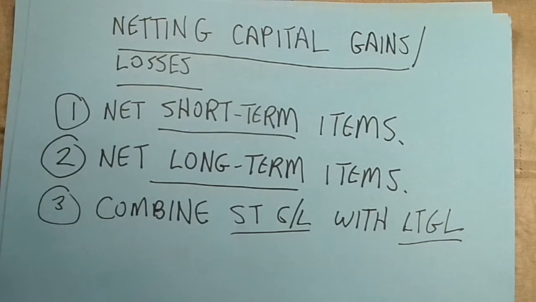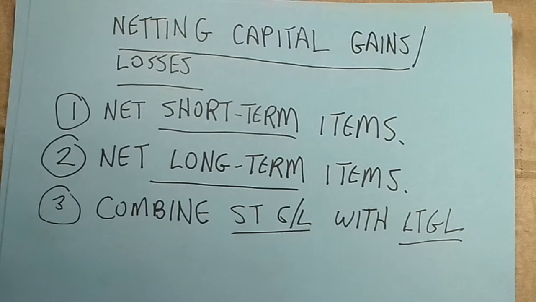Keep in mind the general rule is that short-term gains are taxed higher than long-term gains. So sometimes you might be able to net short-term losses against long-term gains and find that you're taxed less at the long-term gain rate. Everything moves toward, if we can, isolating short-term capital gains and taxing those higher than anything else.